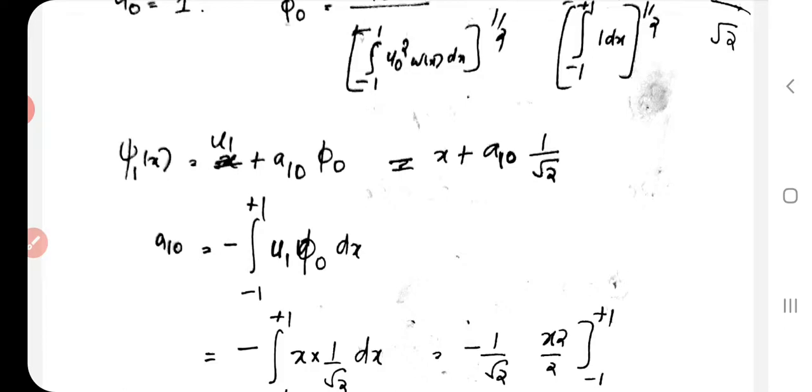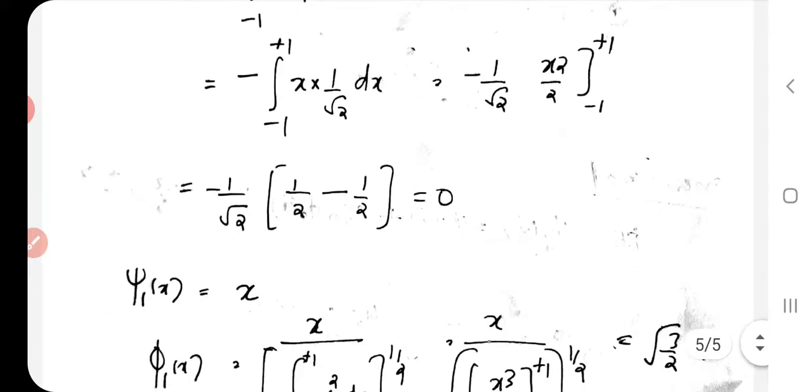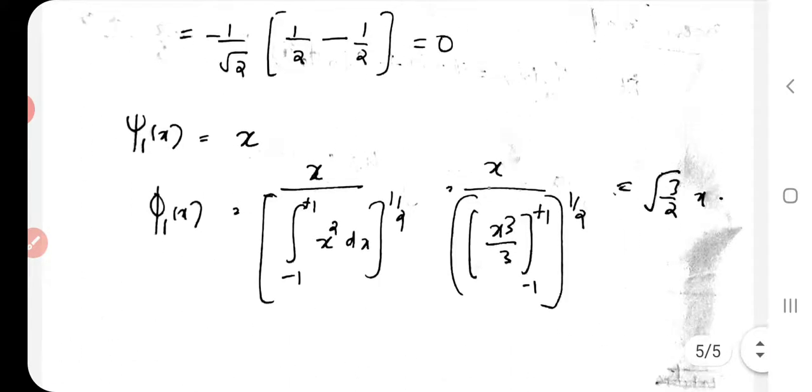That will be our psi 2. And then we find psi 2, and from psi 2 we find phi 2, and we continue this process.